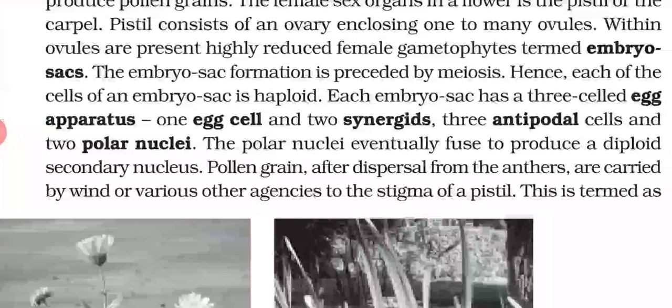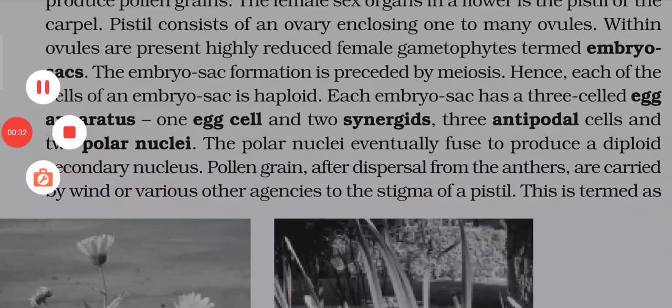Pollen grains, after dispersal from the anther, are carried by wind or various other agents to the stigma of the pistil. So by the process of pollination, these pollen grains are carried by the wind or various other agencies to the stigma of the pistil.